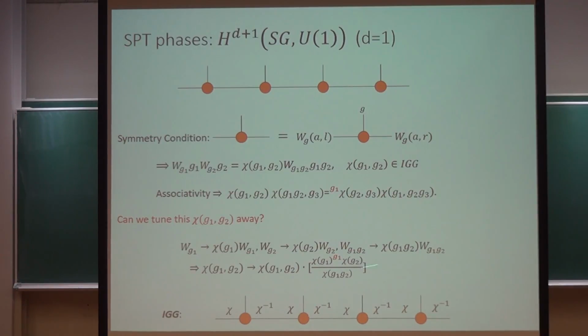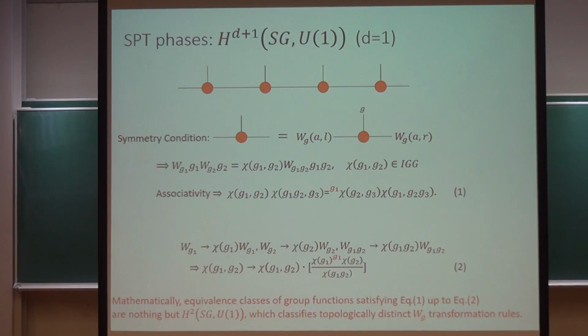If you tune this ambiguity, this chi will transform in this way, and again there's a G1 group action. Mathematically, this is exactly about the second group cohomology. To classify the inequivalent classes of this chi, what you really try to do is find those chi's that satisfy equation 1, and you can deform this chi up to equation 2.